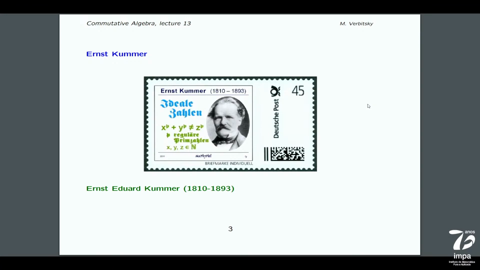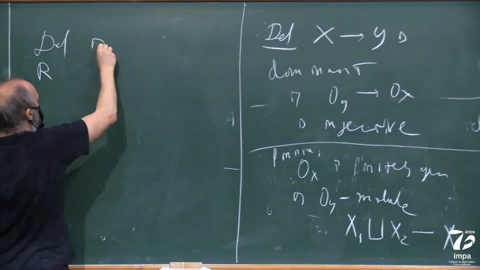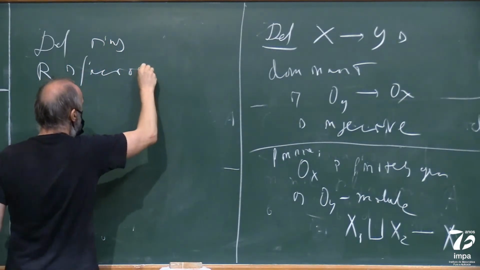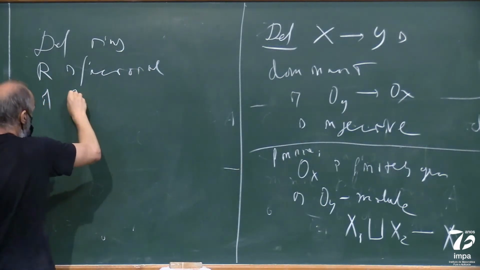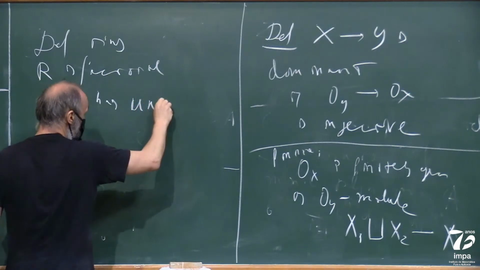Sorry, there was something I didn't tell you from the previous slide: factoriality. A ring R is factorial if R has unique prime decomposition, like in the integers.